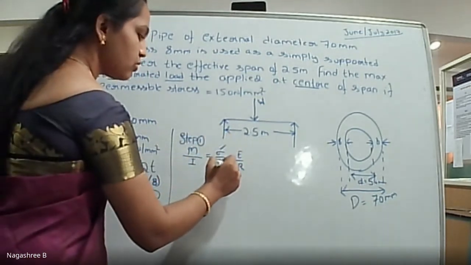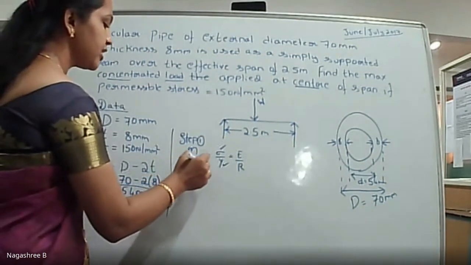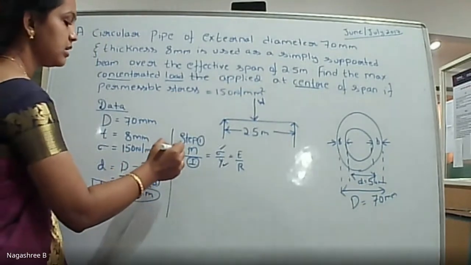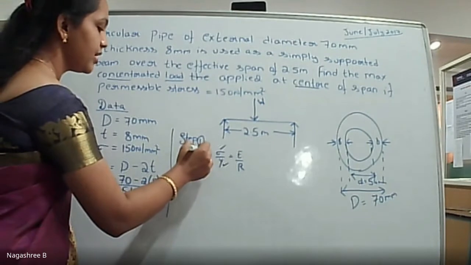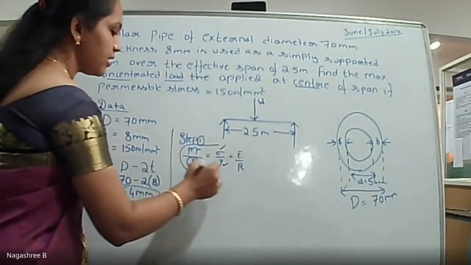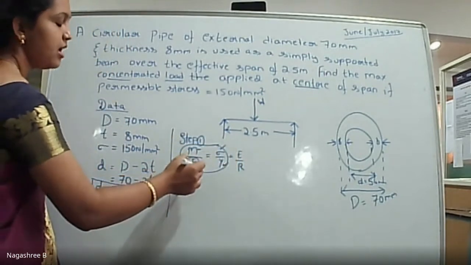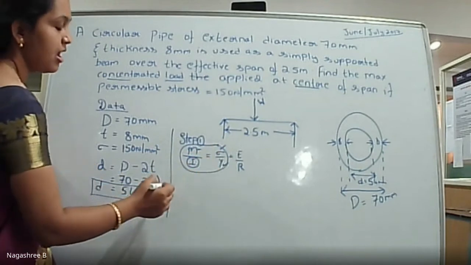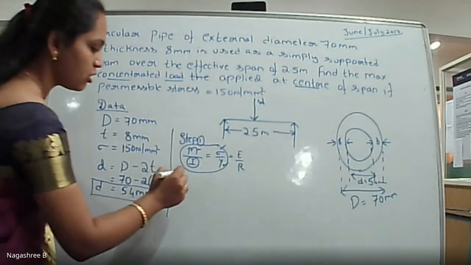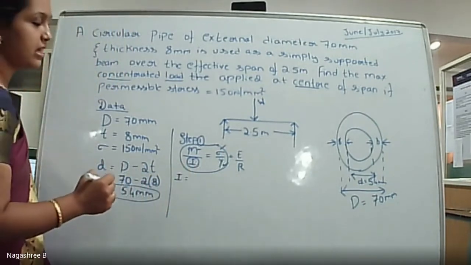I also know how to determine y, and I can determine I, the moment of inertia, for the circular cross section. M also I can determine. So I can equate M by I to sigma by y and calculate the value of W.